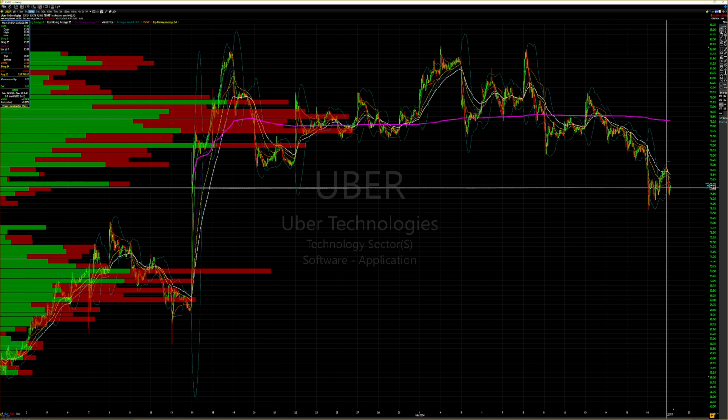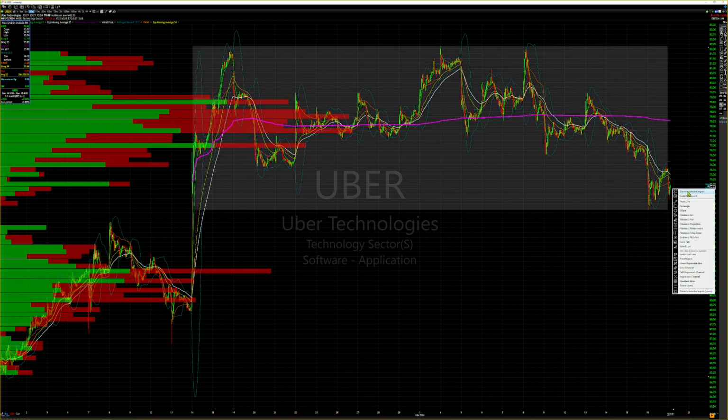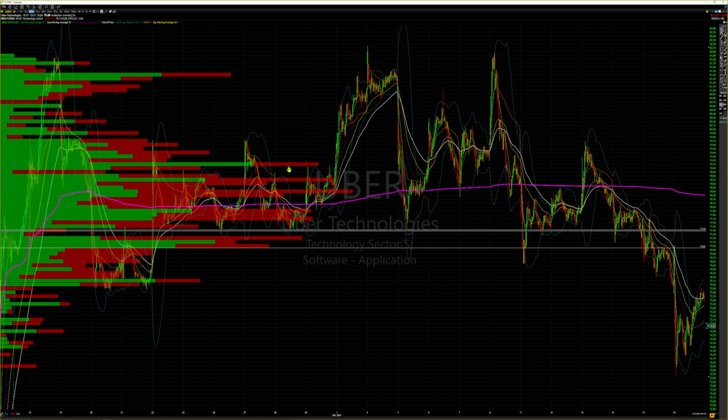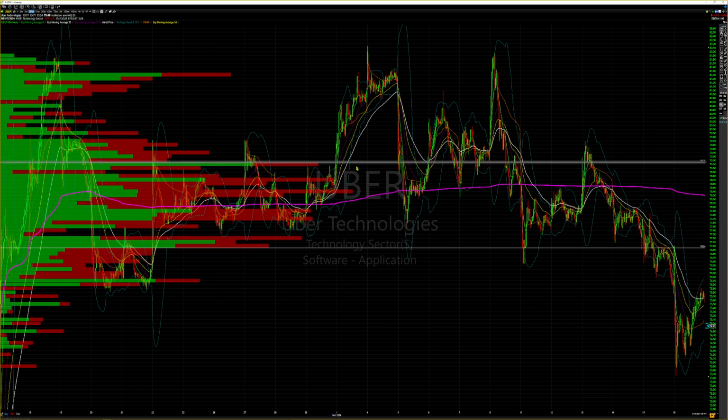So let's zoom to this area. And you can see, I mean, obviously, here's your chunk. And then your point of control, probably right about here, right?